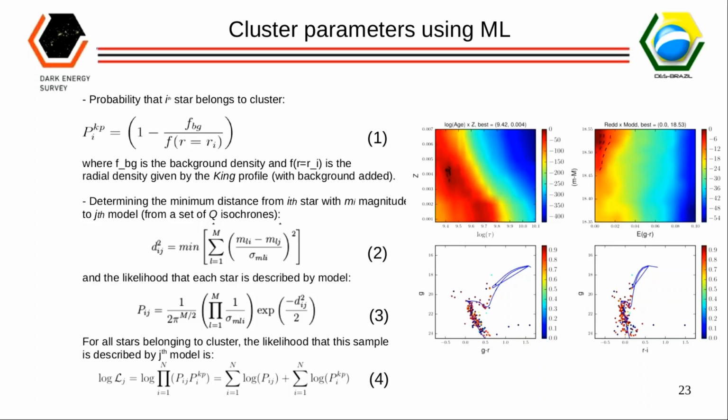So we can determine the most likely isochrone, determine the age, the metallicity, the color excess, and the distance modulus. The figure on the right shows an example of this comparison. That is the likelihood, and the stars in the CMDs are color coded by the likelihood to belong to the cluster given by its profile.